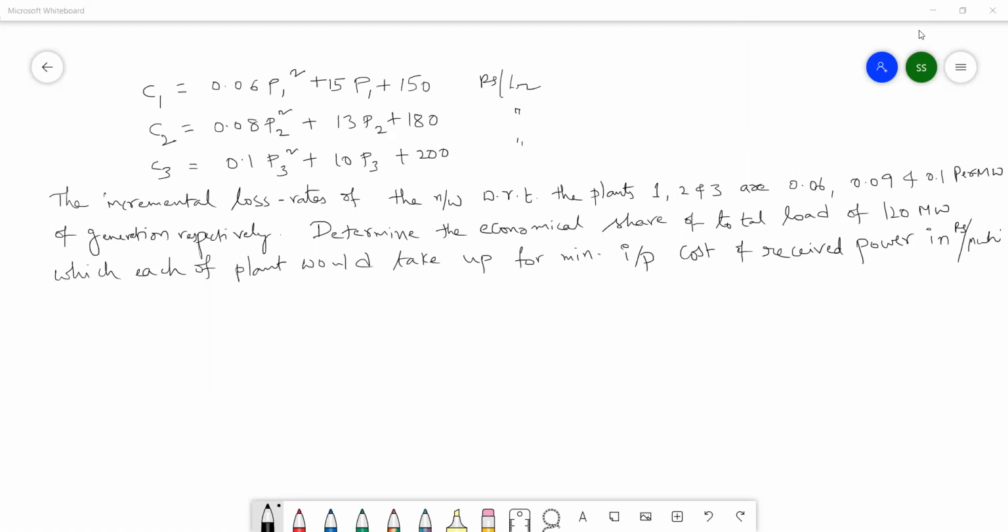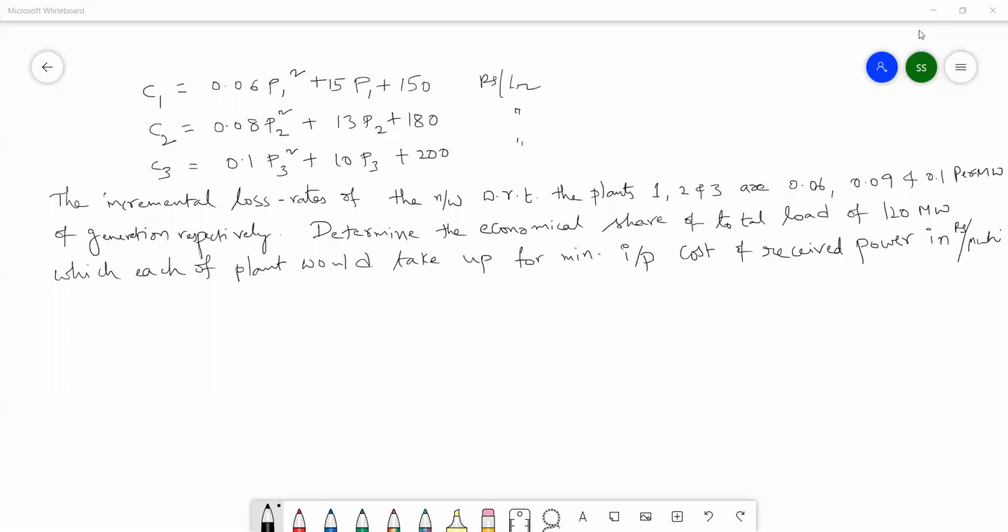Anyone in the sense which is having the least economical share. After calculating P1, P2, P3, you can identify which one is having the lower share so that you can take that differentiation, that is dou C1 by dou P1, in rupees per megawatt hour.